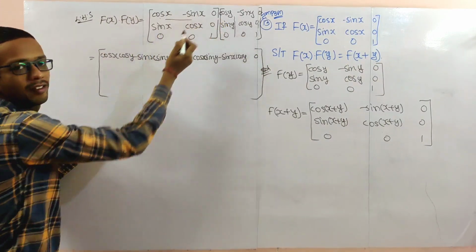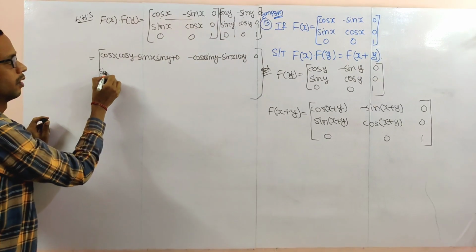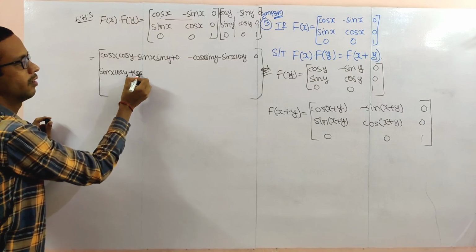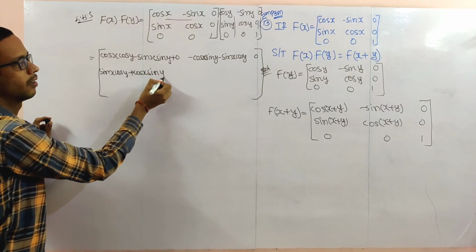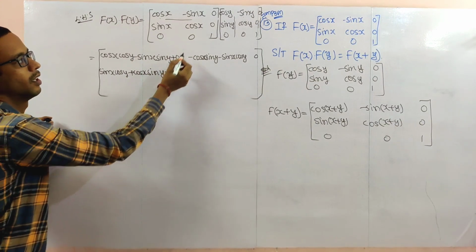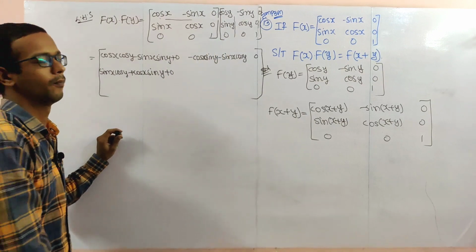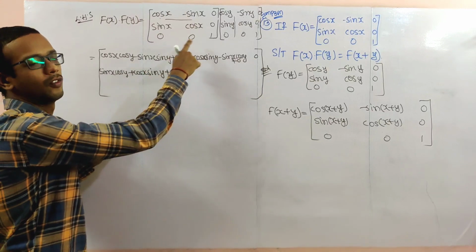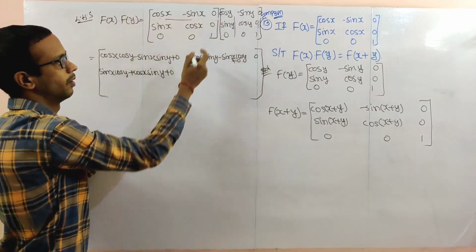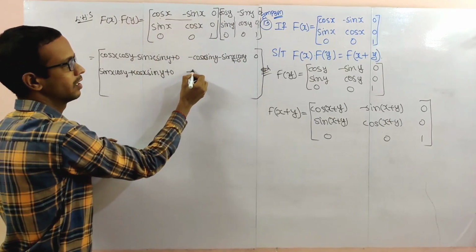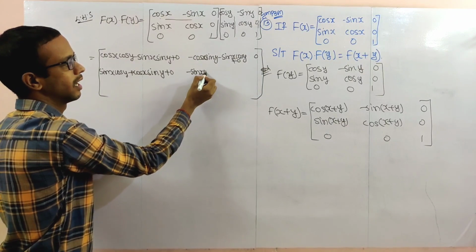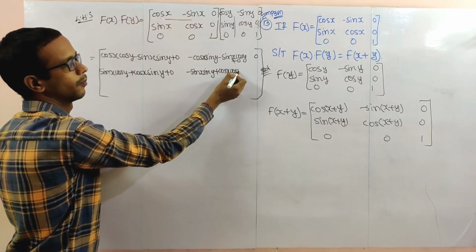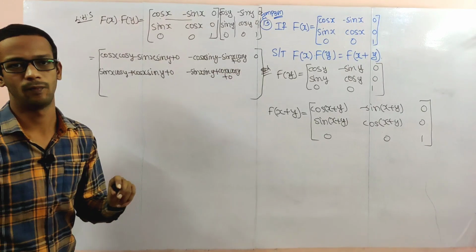Next here sin x into cos y plus cos x into sin y, plus 0 into 0, 0. Here also plus 0 we can write. Next, for second row, second column, minus first writing, minus sin x sin y plus cos x cos y plus 0.